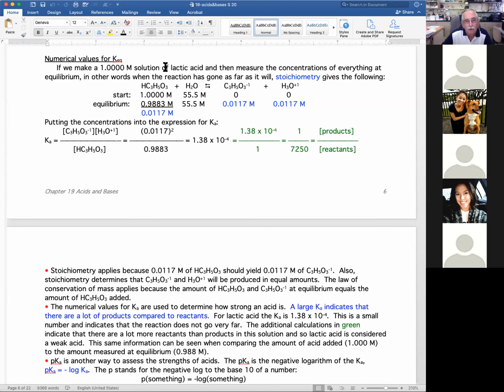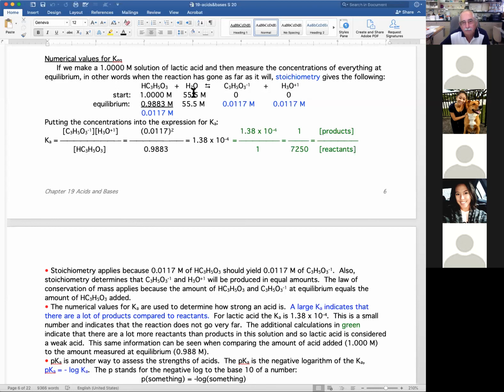If we made a 1 molar solution of lactic acid, and then we measured the concentrations of everything at equilibrium, here's what we're going to get. I started weighing out enough to make 1 mole per liter. I put it in water.